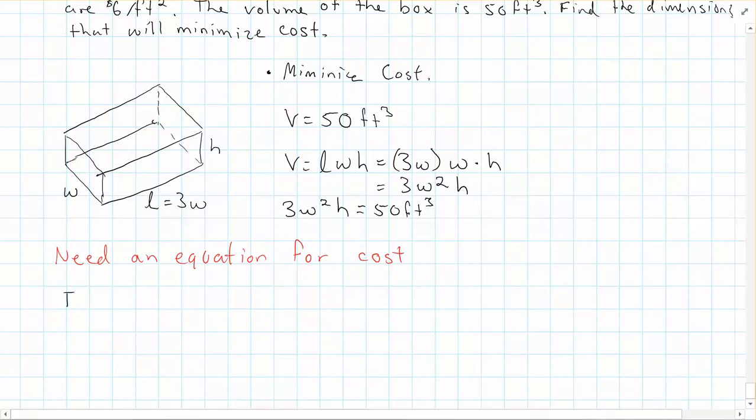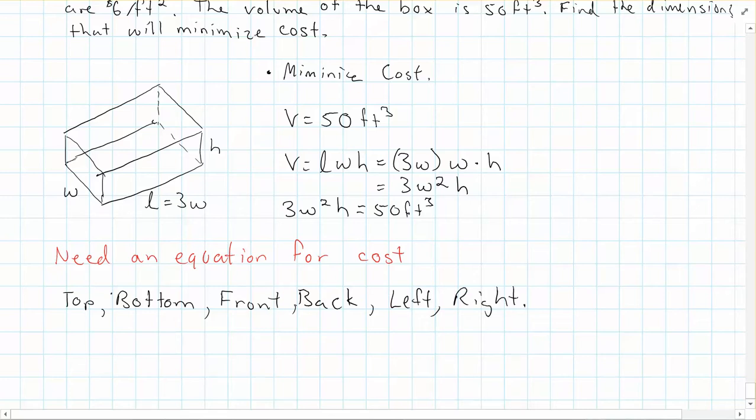We have top, bottom, front, back, left, and right. Now the nice thing is the top and bottom are the same, the front and back are the same, and the left and right are the same.